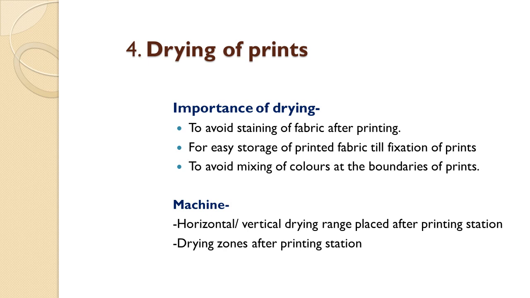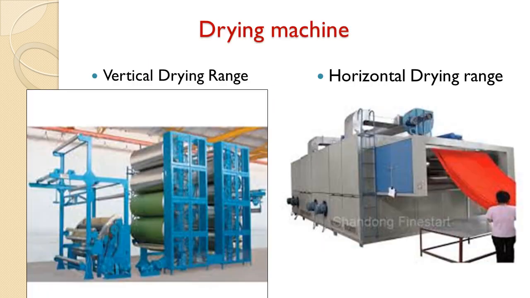The machines used for drying are horizontal or vertical drying ranges, which will be placed exactly after the printing station, or drying zones will be there after the printing station, coming as an attachment to the printing machine. Here we can see this is the vertical drying range.